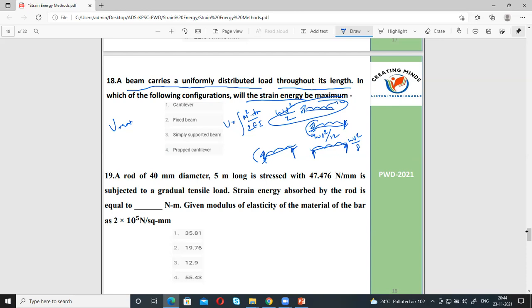For simply supported, WL square by 8. For proper cantilever FEM, WL square by 12. So ultimately, which is having lesser moment, that particular beam is having ability to take maximum strain energy. That's the important point in this particular section.